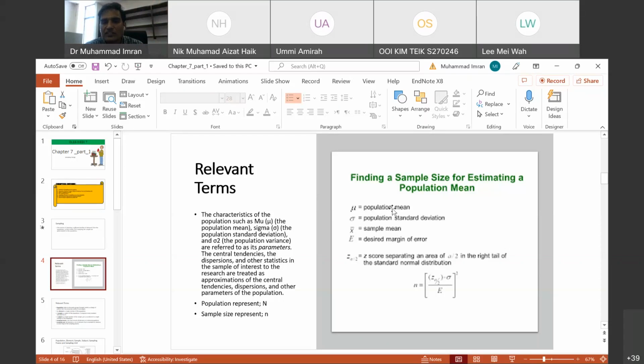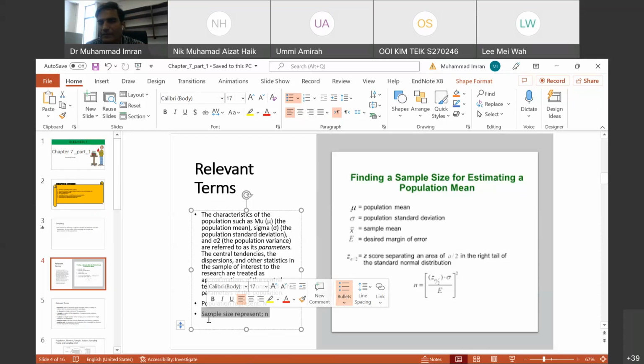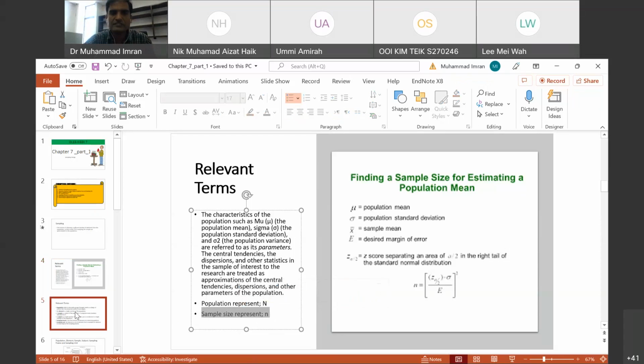We represent the population mean with mu, the population standard deviation with lowercase sigma, and the population size with capital N, and the sample size with small n. These slides are only for information in today's lecture. In later lectures on data analysis, we will discuss these samples and calculations in detail.